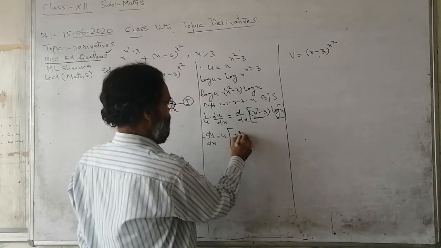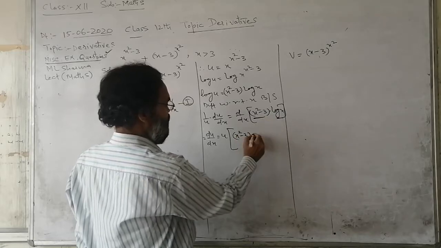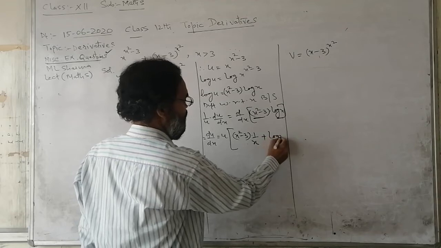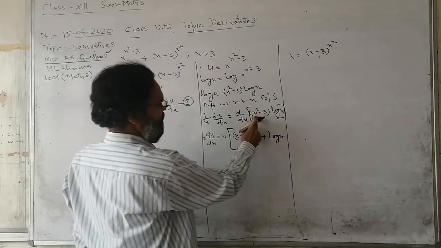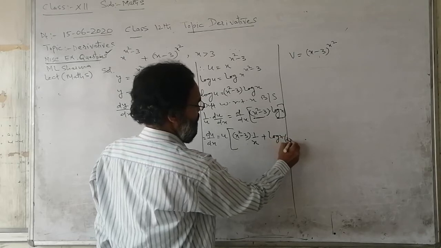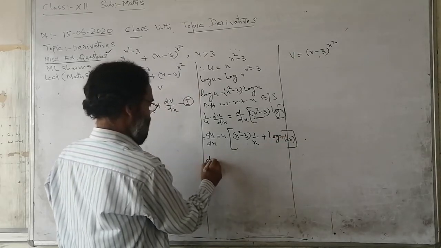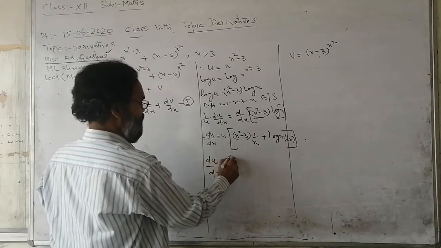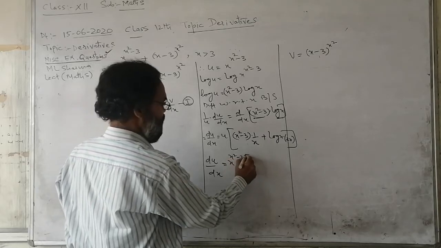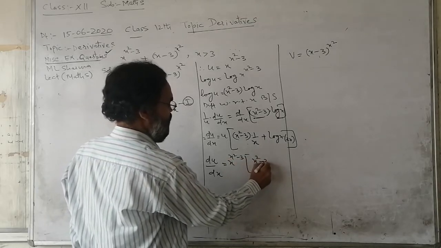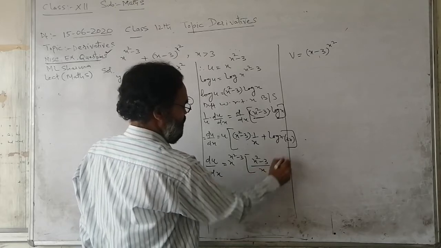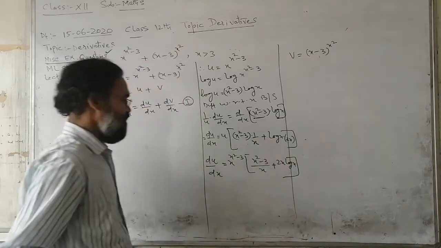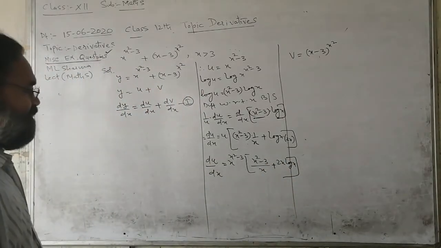So first function into derivative of second function, that is 1 upon x, plus second function into derivative of first, that is 2x. So this will be du upon dx equals u, value of u is x raised to power x square minus 3, times (x square minus 3 upon x plus 2x log x). So this is the value of du upon dx.